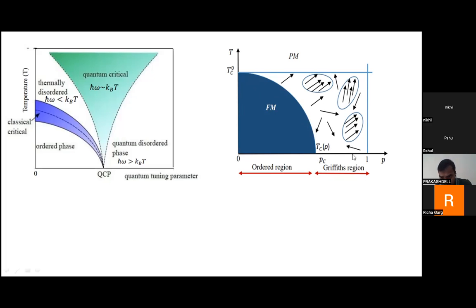Sometimes a material is largely dominated by the paramagnetic regime, meaning there is no long range magnetic order among the spins; they are randomly oriented. However, there are some rare regions which exhibit some interaction in a local region, which we call short range magnetic correlation.